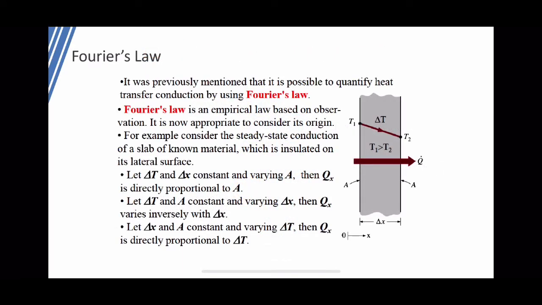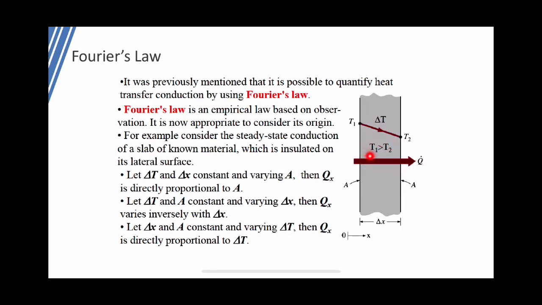So Fourier's law is actually the basis of the thermodynamics law that talks about the conduction of heat through a material, right? So here you can see there's a wall. You can read this whole section here, but I'm going to talk about this wall. So this will have an X there, delta X. That means it will go across this cross section of the wall. T1 from the outside, or from wherever this T1 comes from, is higher than T2. So therefore, heat will transfer from T1 to T2, with the Q that is transferred through the medium, right?